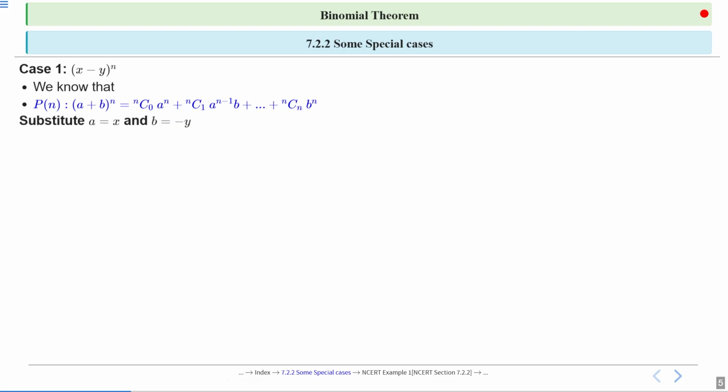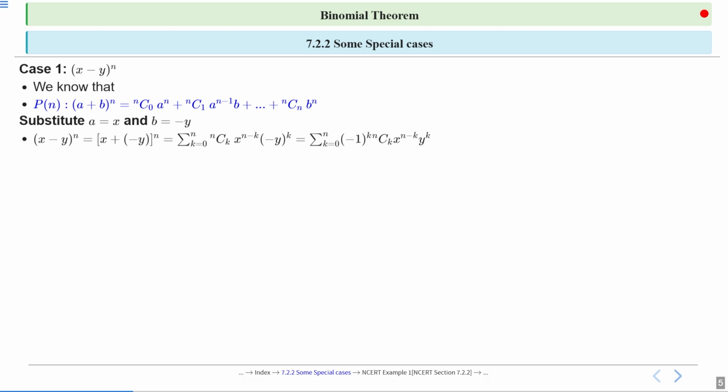Now let's apply this formula to our specific case by substituting a equal to x and b equal to minus y. Okay, so by substituting a equal to x and b equal to minus y, we have x minus y whole to the power n.